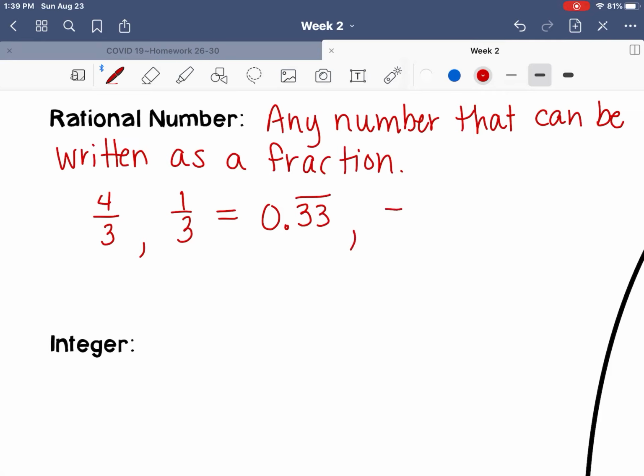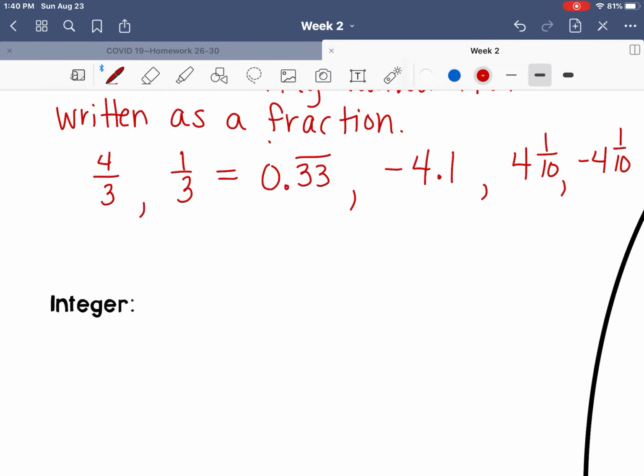Even if it's negative, if it has a fraction with it or a decimal with it, it's considered a rational number. So the decimal 4.1, the number 4 1/10, or the number -4 and the fraction 1/10. All of those are rational numbers, okay? Because you can write them as a fraction.